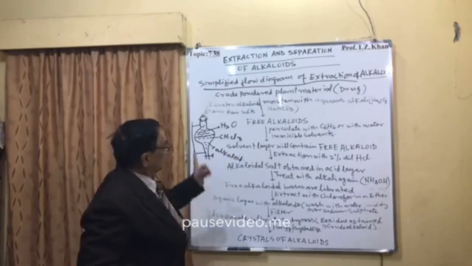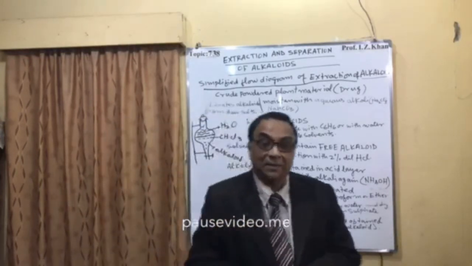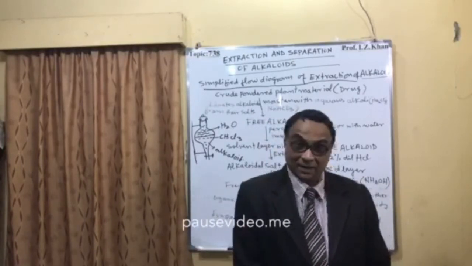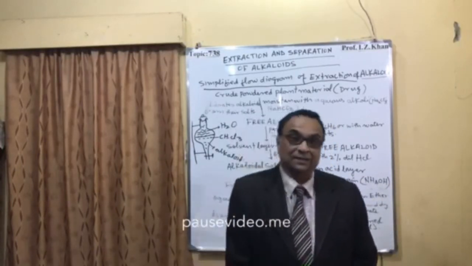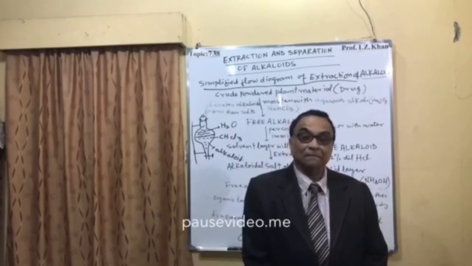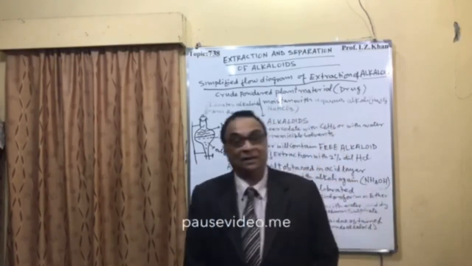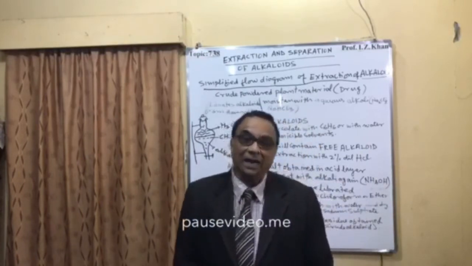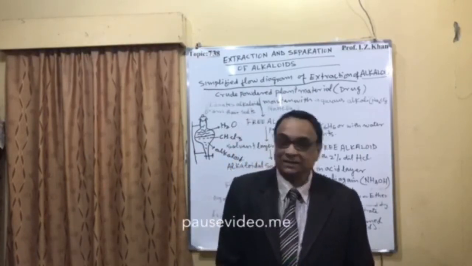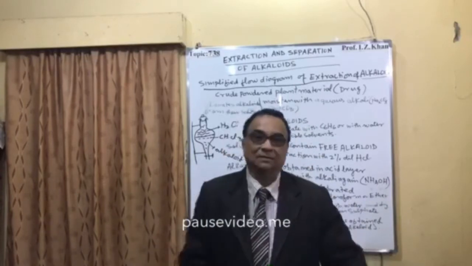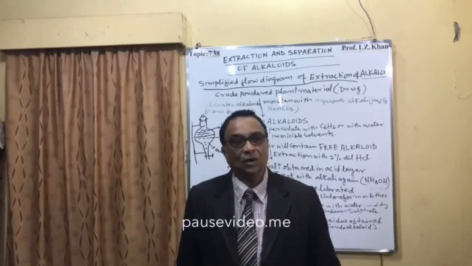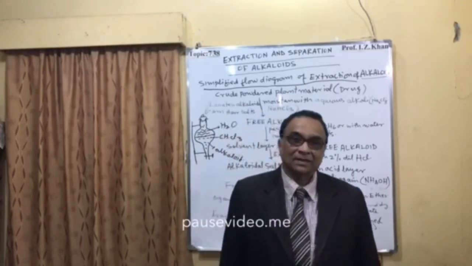So this type of mistake is committed when we are not very clear about solvent density and solvent polarity. Because if you are extracting alkaloid and you use methyl alcohol or ethyl acetate, you are not going to get separation because they are miscible with water. Methyl alcohol, butanol, ethyl alcohol, they are all miscible.